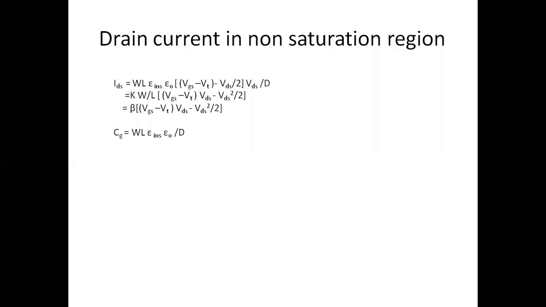And if you want to write these in terms of CG, gate capacitance, then you can write epsilon A divided by D as CG, and replacing K value with CG and other terms, you get IDS equal to CG mu by L square into VGS minus VT times VDS minus VDS square by 2 in non-saturated region.